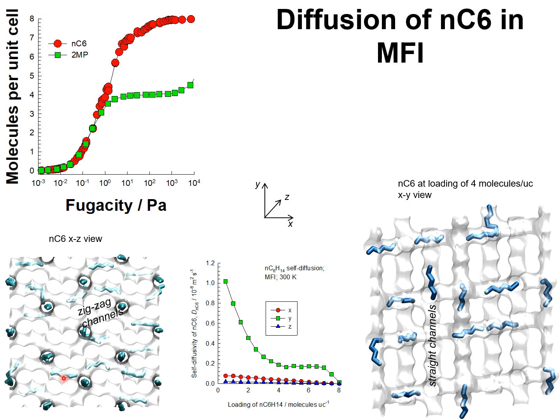And for that reason, the mobility of the molecule in the X and Z direction is practically zero because of commensurate adsorption. The motion of NC6 is predominantly in the Y direction along the straight channels.